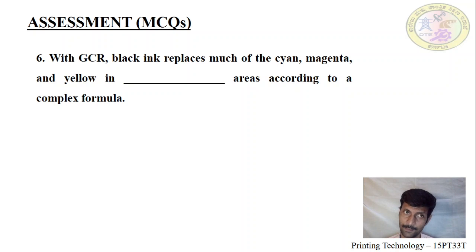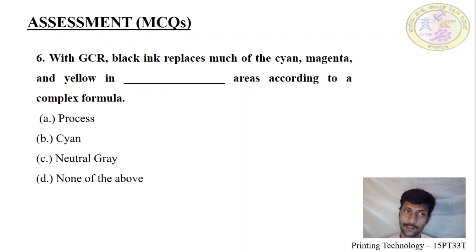Next, to replace the CMYK, a black ink is added in dash areas according to the complex formula of the ink printed page process. What is added? Neutral gray, or none of the above.